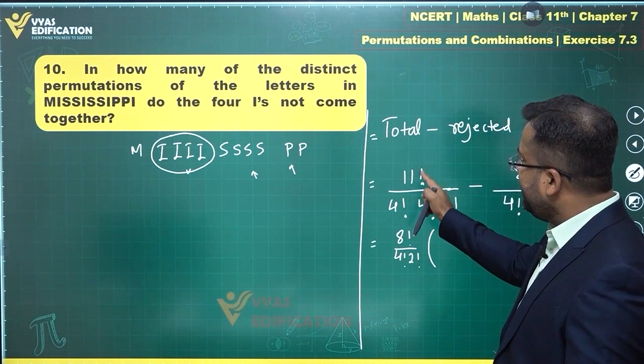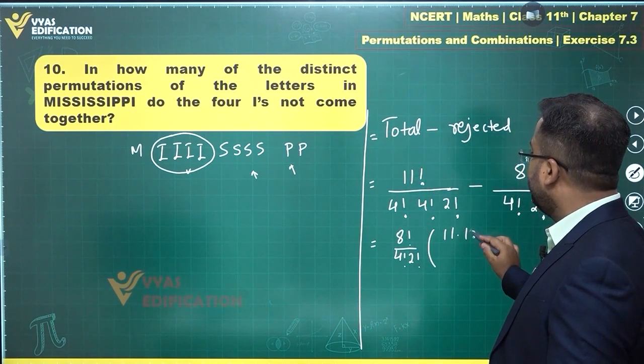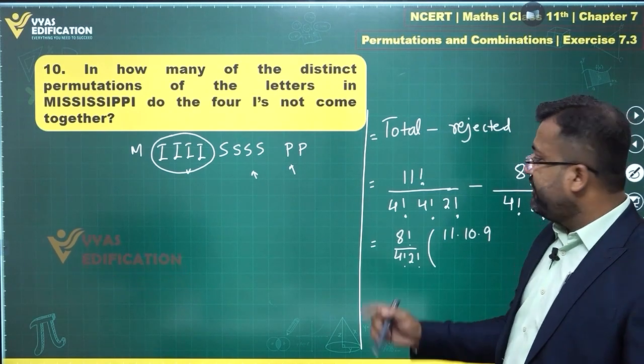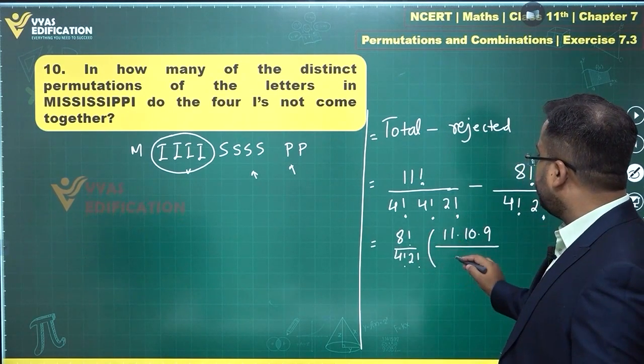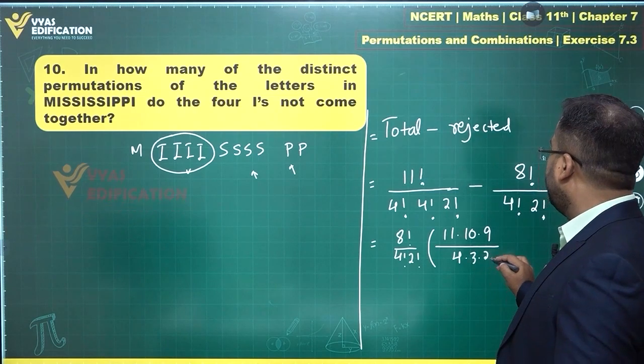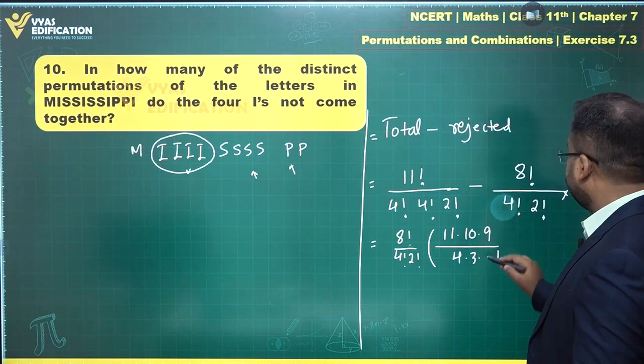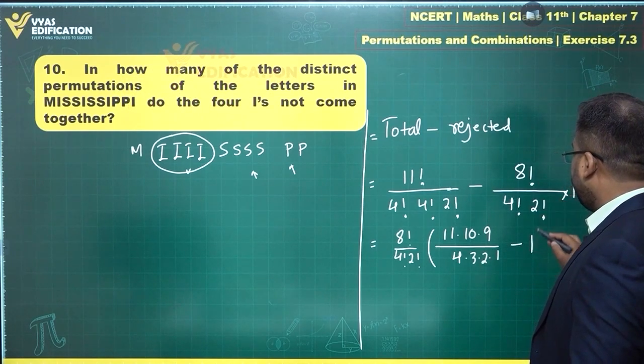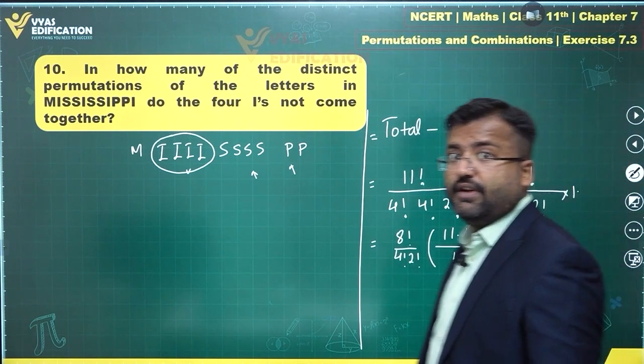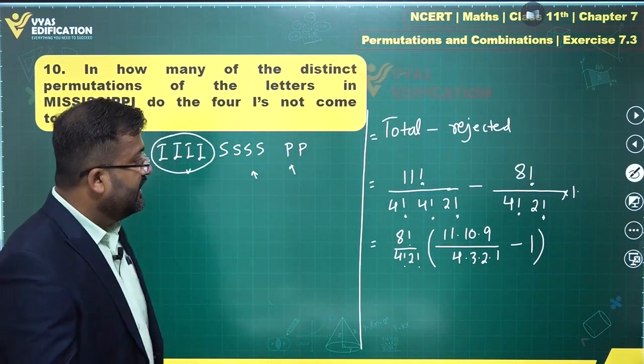What will remain is 11, 10, 9, and 4 factorial, 4, 3, 2, 1 in the denominator. Minus, you have a 1 over here. This is what you get.